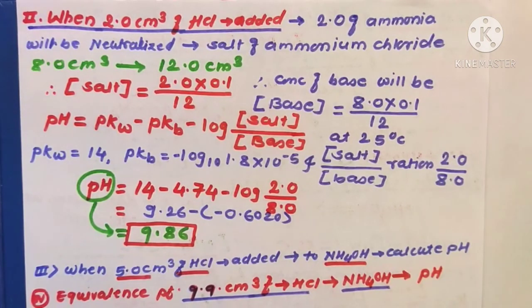You can calculate the pH of the solutions for both additions of HCl into the NH4OH solution.